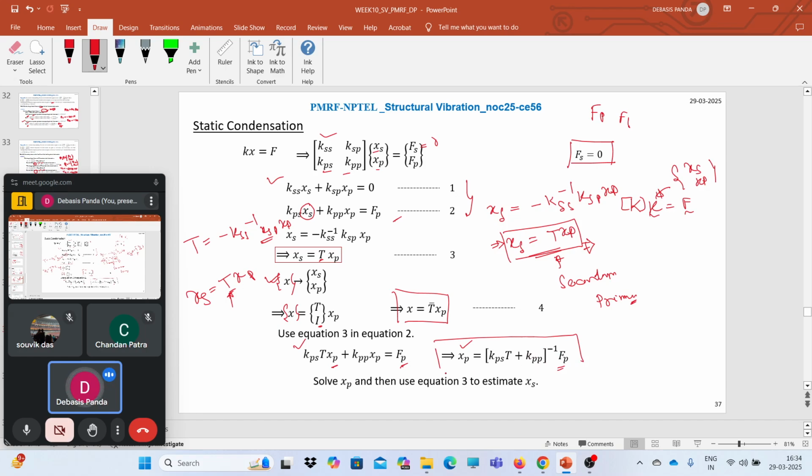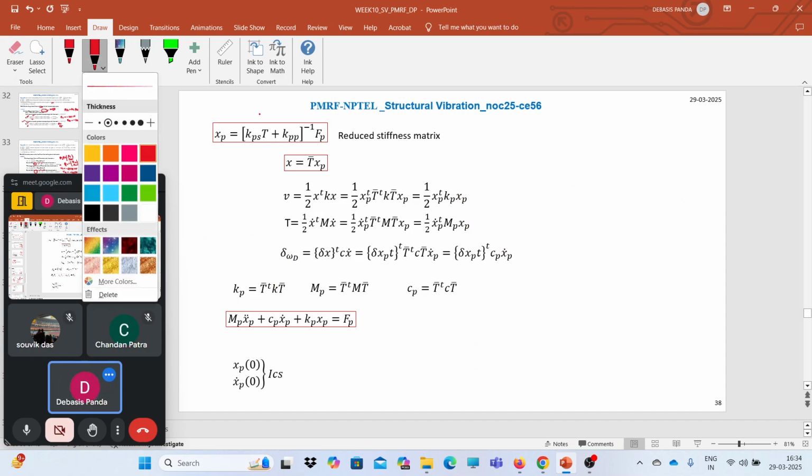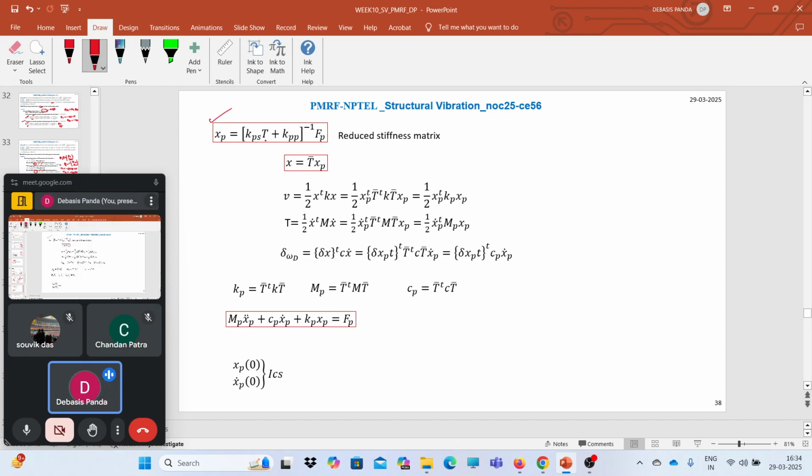So this tells us what the primary degrees of freedom, or primary generalized coordinates, will be when we consider the static condensation case. Now we have this matrix xp equal to (kps T plus kpp) inverse into fp.